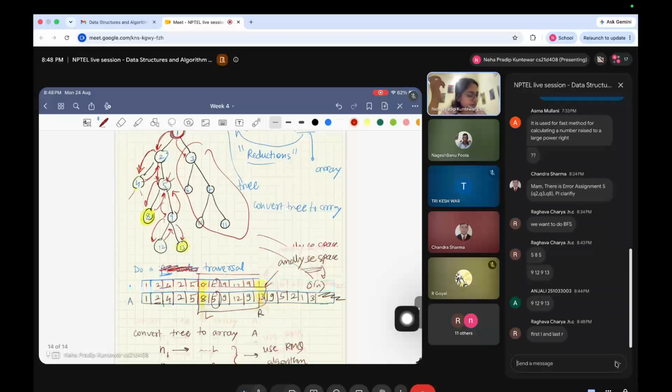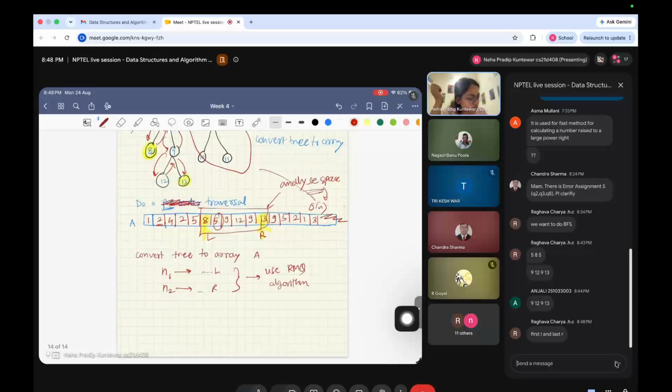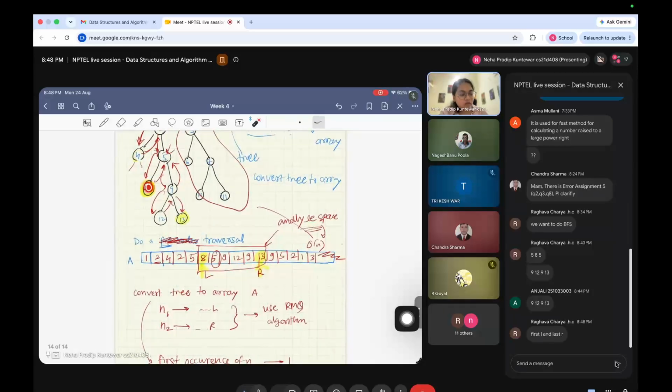Yeah, exactly. So what you will do is take in this array the first occurrence of n1, that is going to be your L, and the last occurrence of n2 is going to be your R. This is intuitive, because the first time you visited a node, you're actually going to trace back the subtree that it is rooted under.